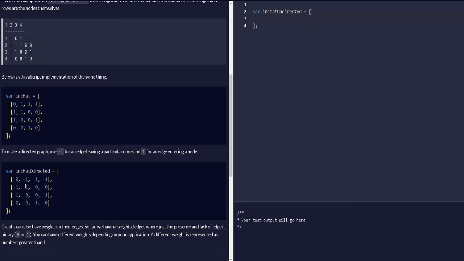So node 2 has to be directly above node 1 in order for them to relate to each other. So node 2 is entering node 1 and node 1 is leaving node 2. So -1 for node 2, +1 for node 1. So very different from adjacency matrix. This is incidence matrix, and in this case it is an undirected graph.